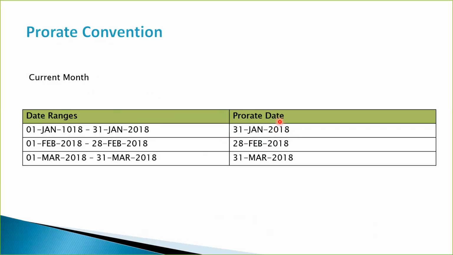What does the system then do with the prorate date? The system will check which period the prorate date it has obtained belongs to. For example, 31st January 2018 belongs to which period?